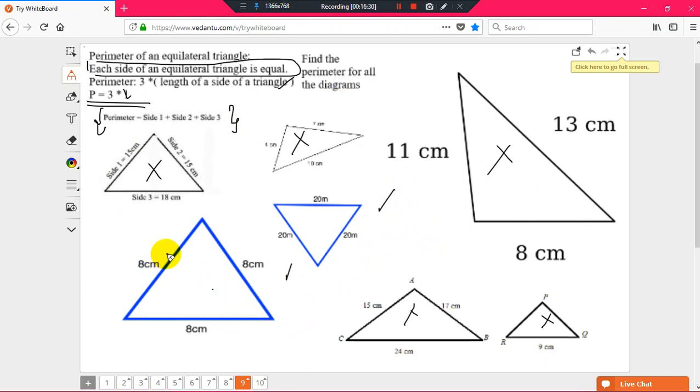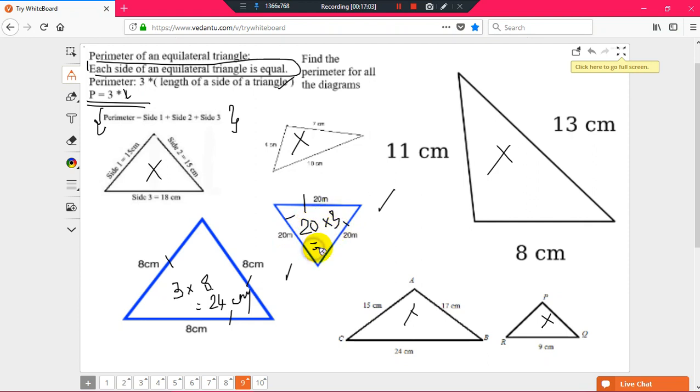Let's find for this triangle. If one side is 8, then all the sides will be 8 only. To find the perimeter, 3 into 8 is 24 centimeters. For this triangle, if one side is 20, then the other sides will also be 20. So the perimeter will be 20 into 3, or 3 into 20.